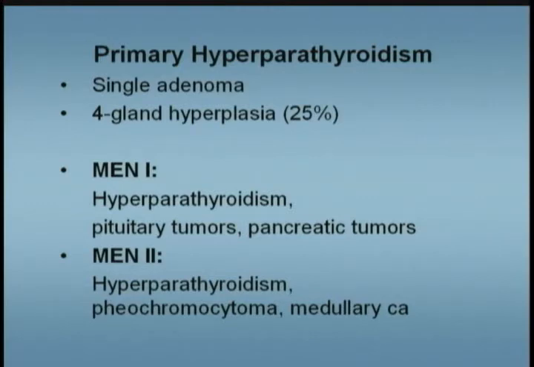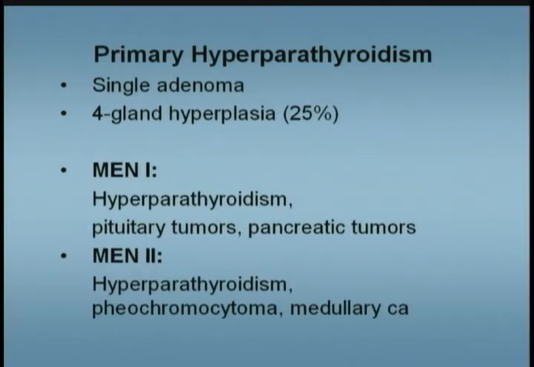We talked before about these diseases called multiple endocrine neoplasias, and hyperparathyroidism is also another disease, just like medullary cancer of the thyroid, that is involved in multiple endocrine neoplasias. Now, multiple endocrine neoplasia 1 has hyperparathyroidism, and these patients also have pituitary tumors and pancreatic tumors.